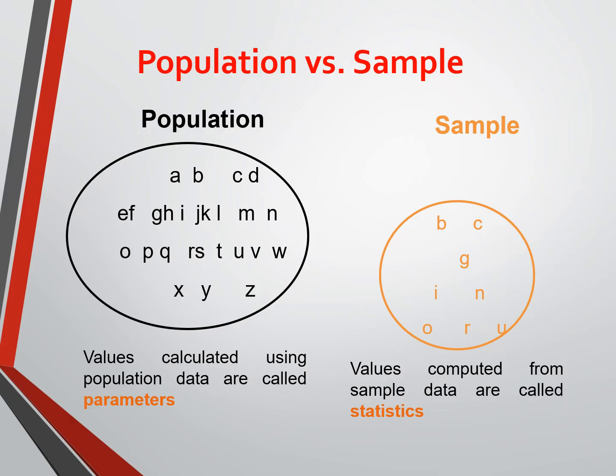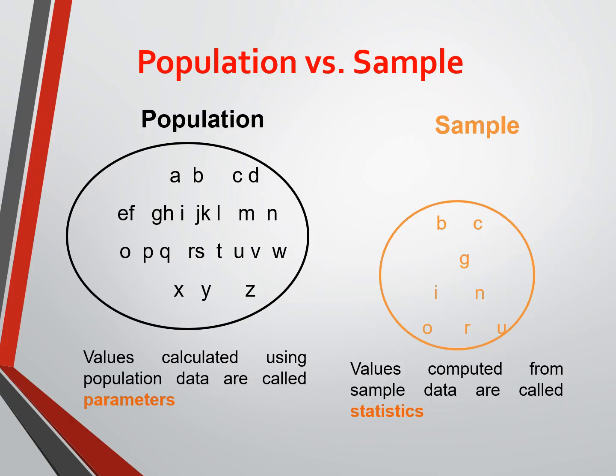Values calculated using the population data are known as parameters. But we are not going to study all 26 alphabets. We may study only the 8 alphabets, and that is the sample data, and the answer received is known as the statistic.